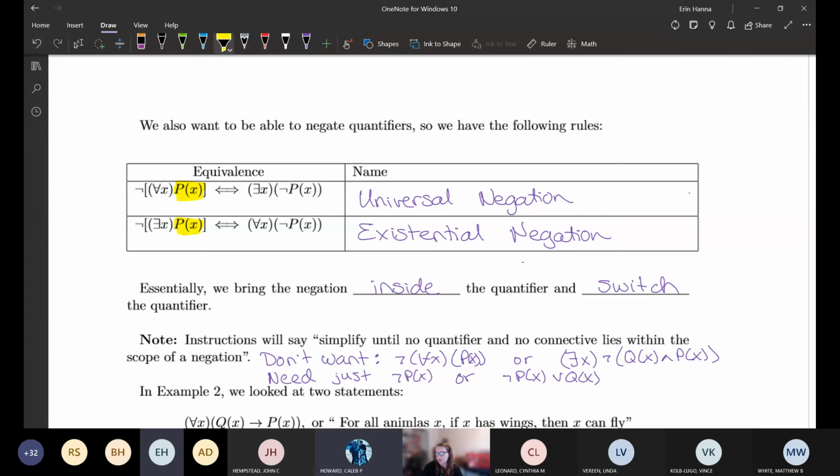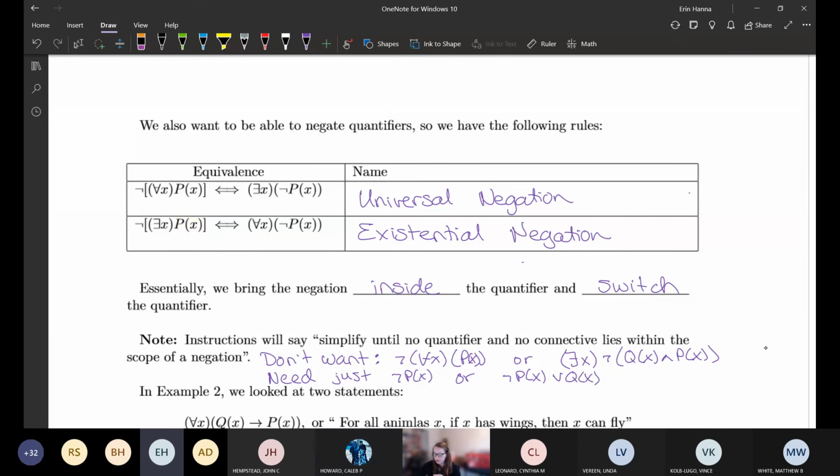But this P of x can be as gross, as long, as terrifying as we need. So whenever we want to negate one of these quantifier statements, we use one of these negation rules depending on which quantifier we're starting with. But the rule kind of stays the same. What's happening is we're bringing the negation inside of the quantifier. So it's no longer outside of the quantifier, it's next to the actual statement now. And then you change the quantifier.